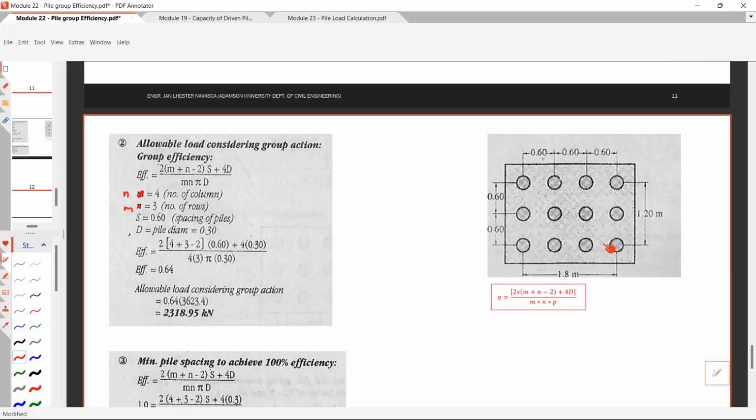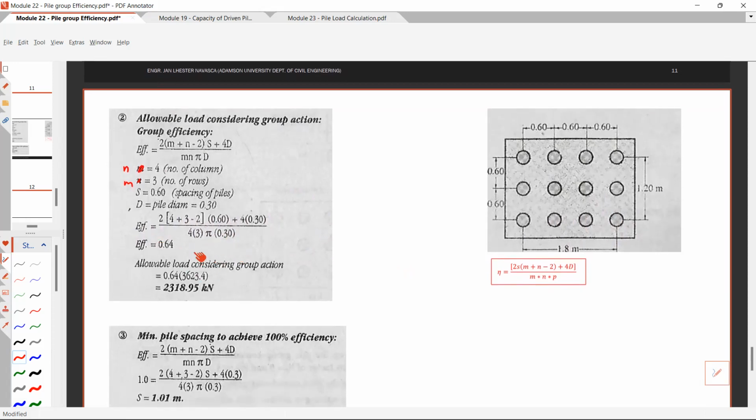What is the perimeter of the pile? The perimeter of the pile is pi times d, since it is a circle. So pi times 0.3. And therefore, the efficiency is 64% or 0.64.